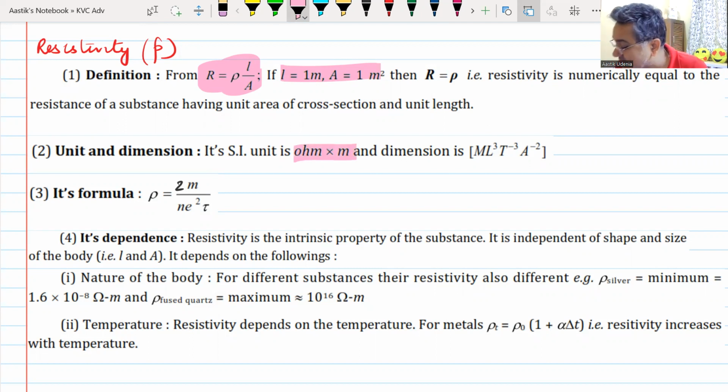The SI unit of resistivity is ohm meter, and the dimension is given. The formula for resistivity is this one. So resistivity is a property of the material of the body. It does not depend on the length, size, or shape of the body, but it depends on temperature, and we will see that temperature dependence.